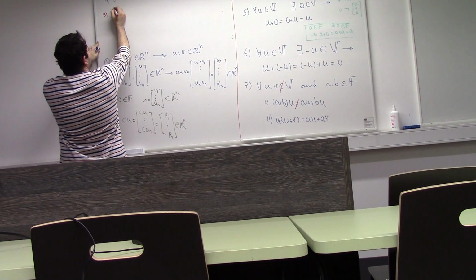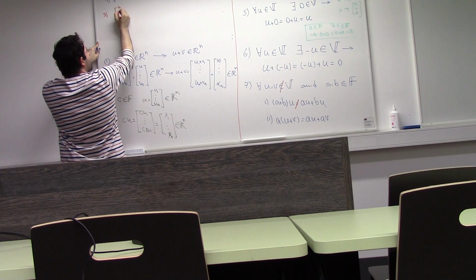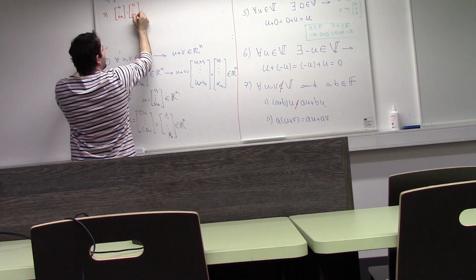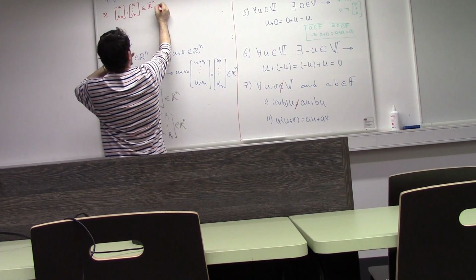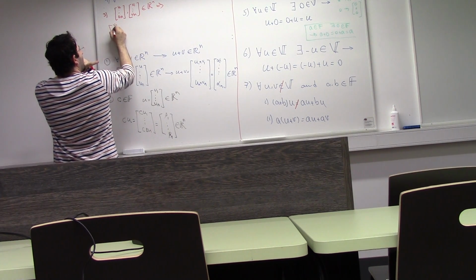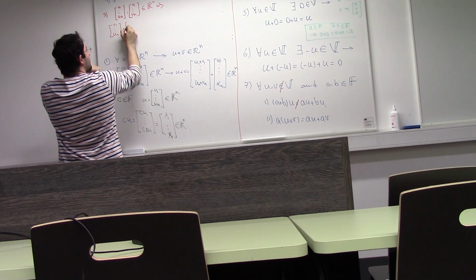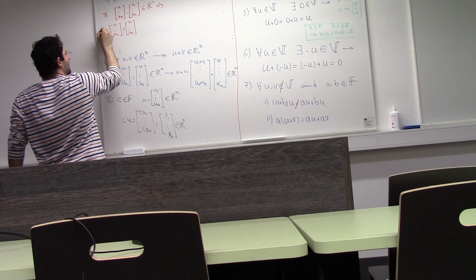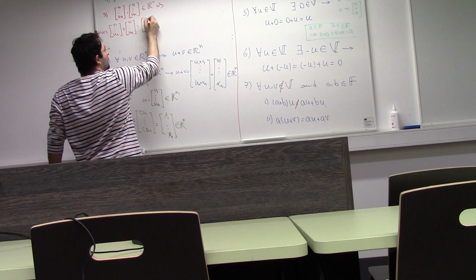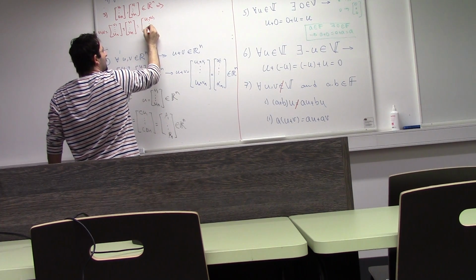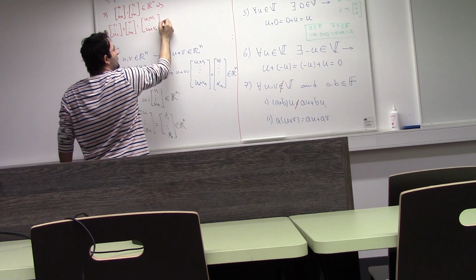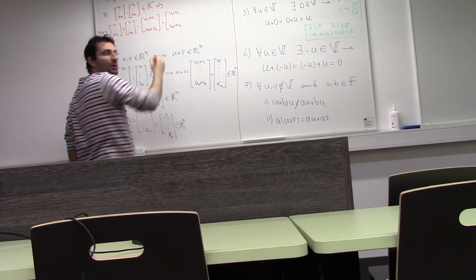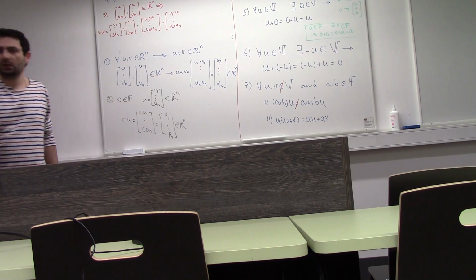We have U1 to Un, and V1 to Vn belonging to Rn, right? Then we have U1 to Un plus V1 to Vn, which was U plus V, is equal to U1 plus V1 up to Un plus Vn, which is equal to V1 plus U1 up to Vn plus Un, because we know that 2 plus 3 is equal to 3 plus 2, right?